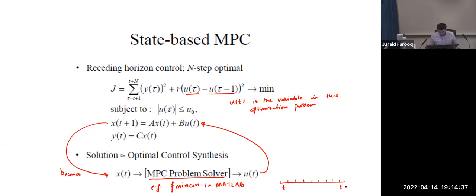Up to t plus n. So you only use this first value, and you input it to the dynamical model. So you generate a new state, x of t plus 1. And this x of t plus 1 in the next time step becomes the old one. So we keep running this loop and keep generating newer paths.